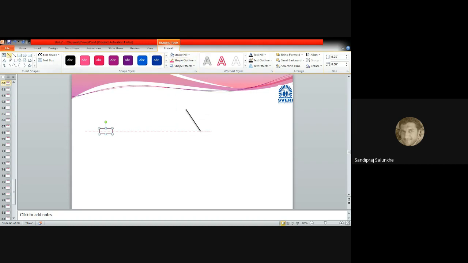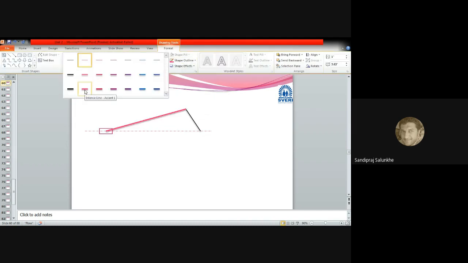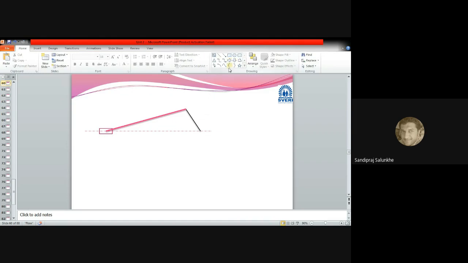And we have a connecting rod. This is the ground on which the piston is reciprocating, which is fixed.